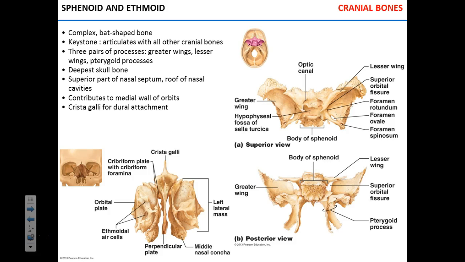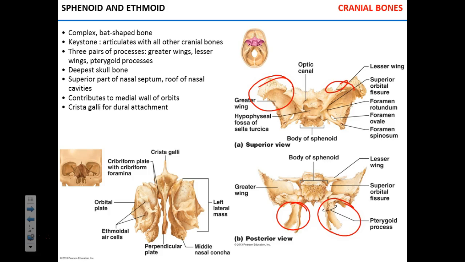There are several notable processes of the sphenoid bone. Greater wing and lesser wing. If you look from that standpoint, you will see the greater wings and the smaller projections called lesser wings. Pterygoid processes can be seen on the inferior part.